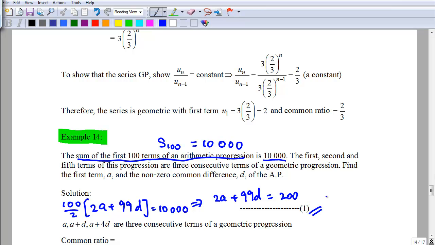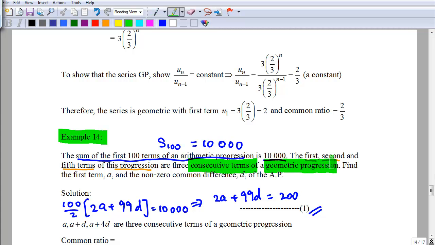We will proceed to the second sentence that says the first, second, and fifth terms of this arithmetic progression, meaning the original arithmetic progression, are 3 consecutive terms of a GP.